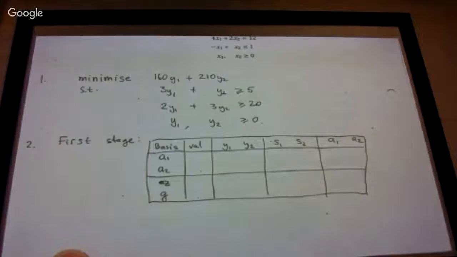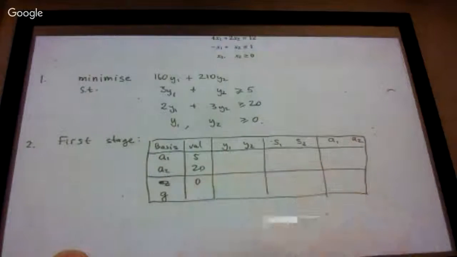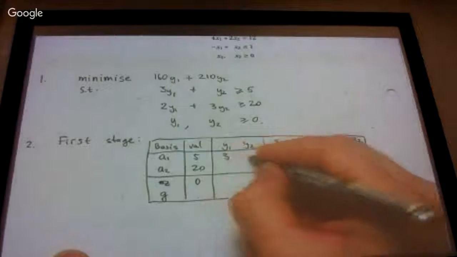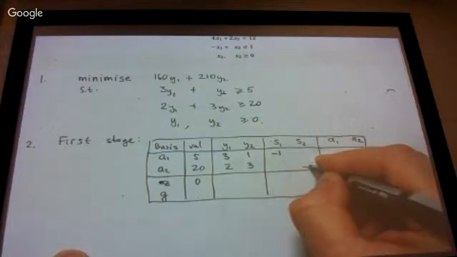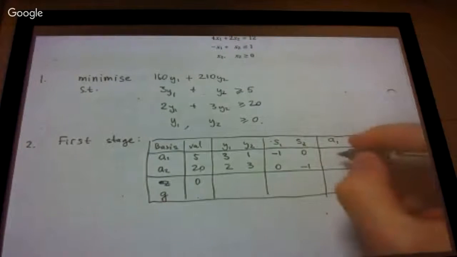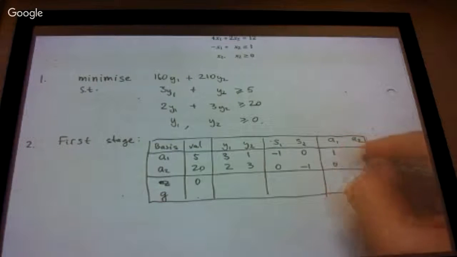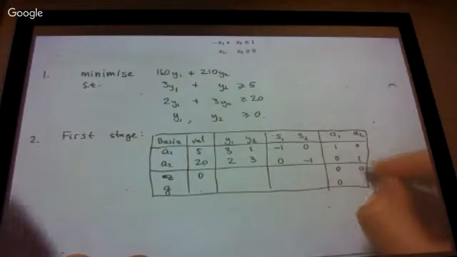Okay. Now the right-hand sides are 5 and 20. The z gets a 0. The coefficients I'm just copying, 3, 1, 2, 3. These are surplus variables, not slack variables, so we have to have -1s there. And the artificial ones are in the basis, so they have to look like this.